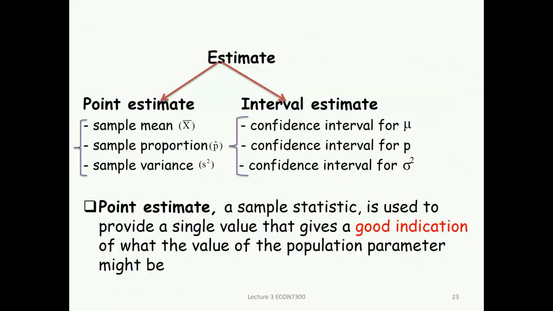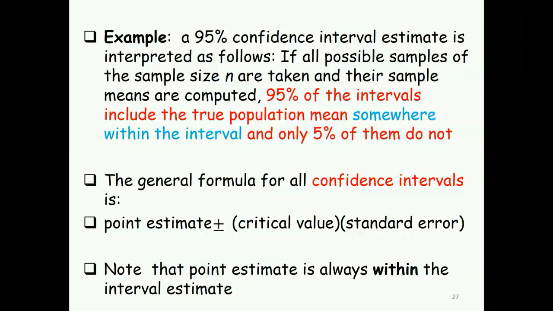So point estimate plus or minus margin of error. This one you will find from the table. This one you will calculate, or it would be given. Point estimate is X bar, the mean of the sample, or the proportion of the sample.